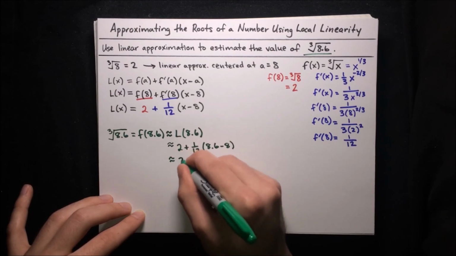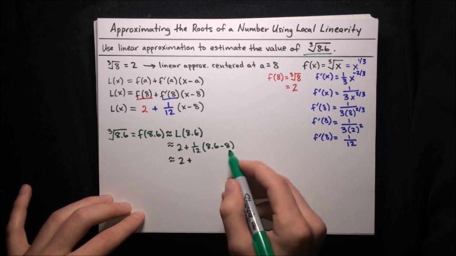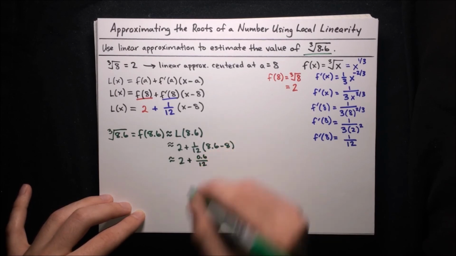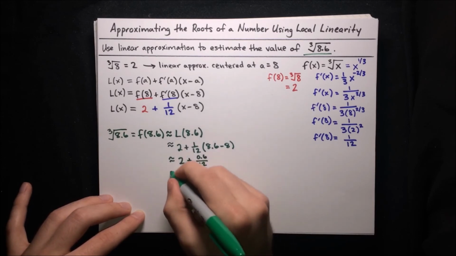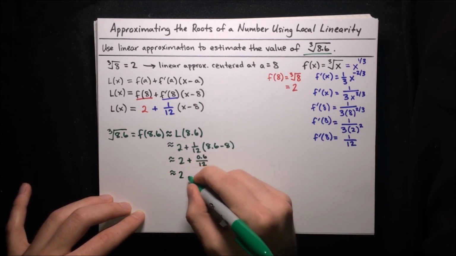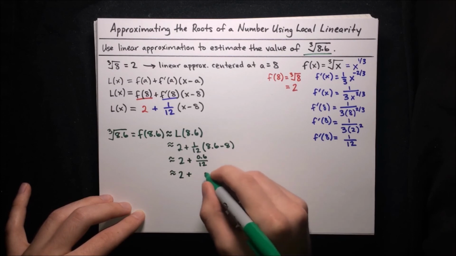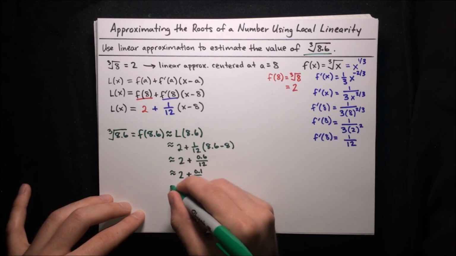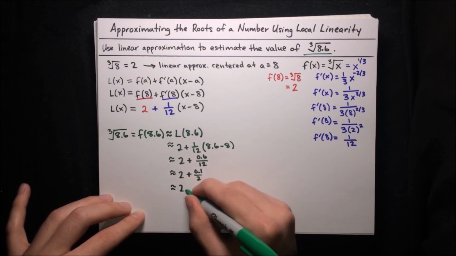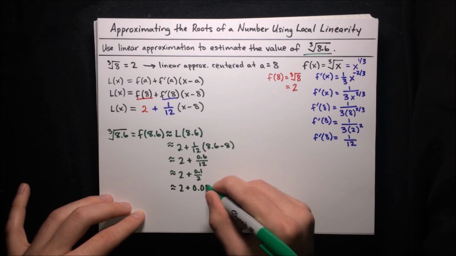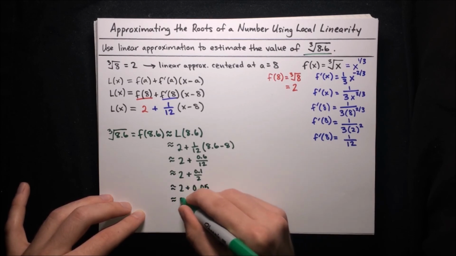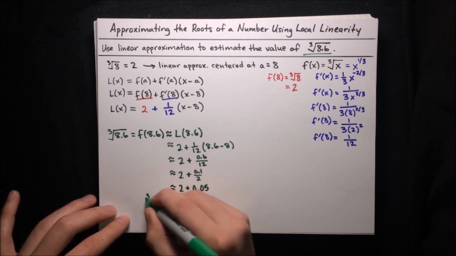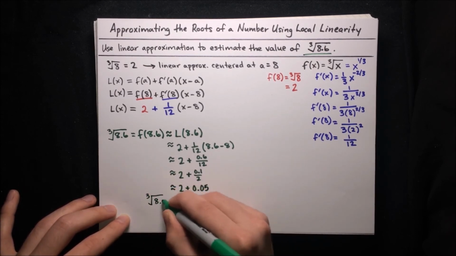So this is 2 plus, well, 8.6 minus 8 is just 0.6, that's over 12. We can simplify this fraction, 0.6 over 12, so this is approximately 2 plus, just divide top and bottom by 6, you get 0.1 over 2, and half of 0.1 is just 0.05, so 2.05 is approximately the value of the cube root of 8.6.